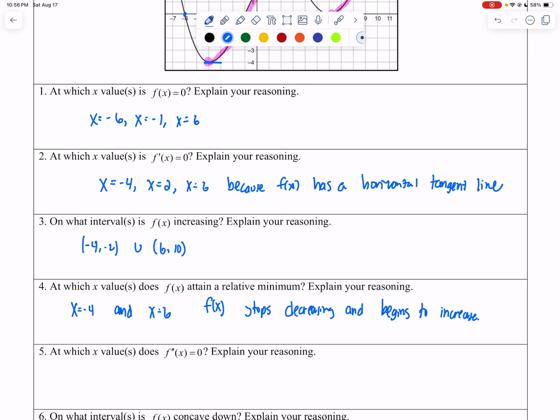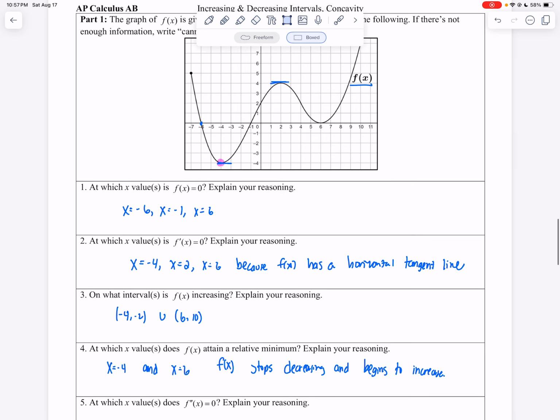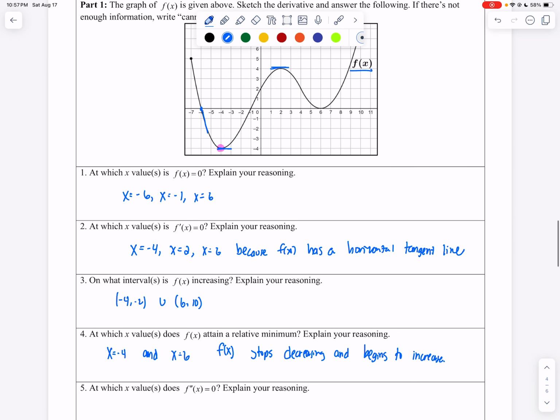At which x value does f double prime of x equal 0? So this is whenever we are changing concavity. It might be a little bit hard to see, but notice how here we're changing concavity. Well, this one goes concave up, then we're going to concave down here. So we're changing concavity at, let's say, -1.